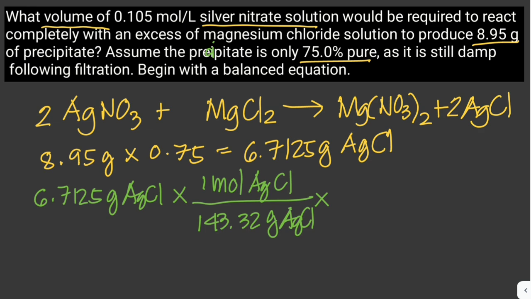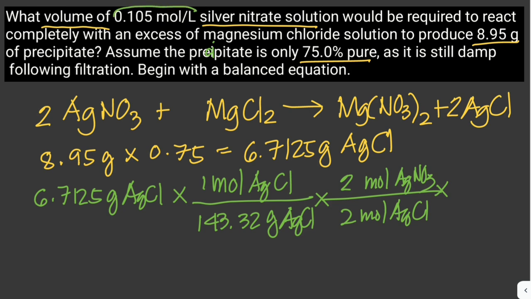And then you multiply by the mole ratio, that is 2 moles silver nitrate to 2 moles of silver chloride. And then we multiply by the molarity of silver nitrate, which is 0.105. So 1 liter of silver nitrate per 0.105 mole silver nitrate.